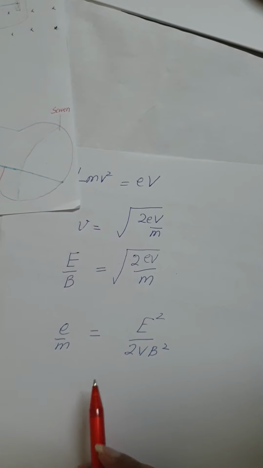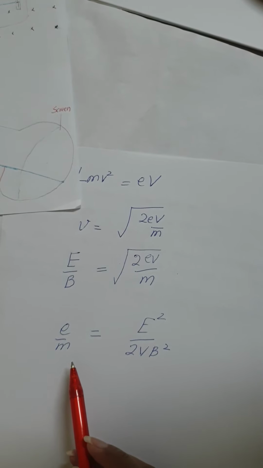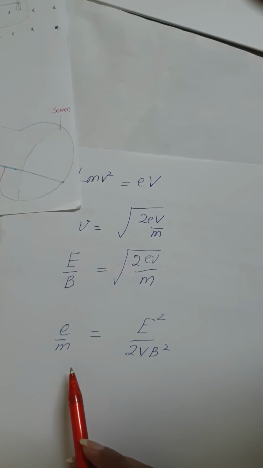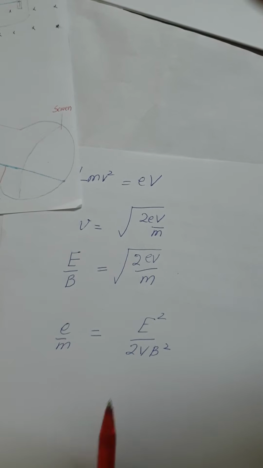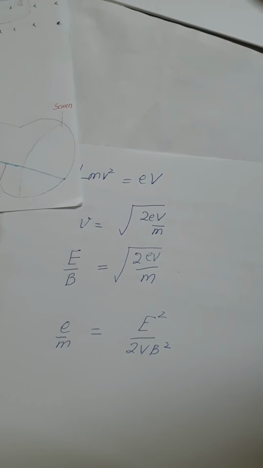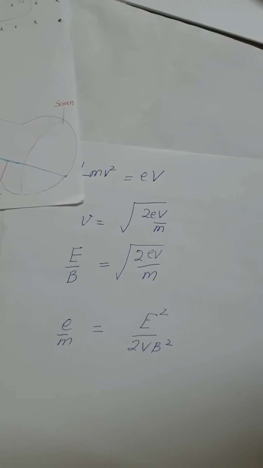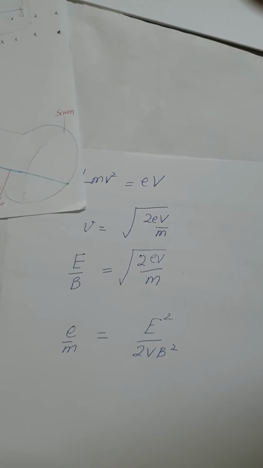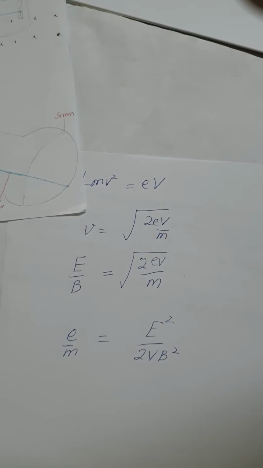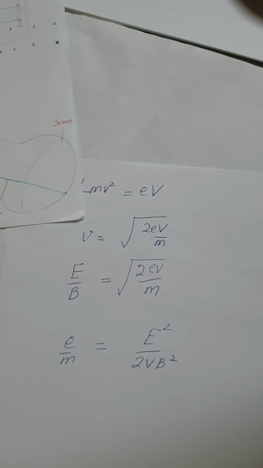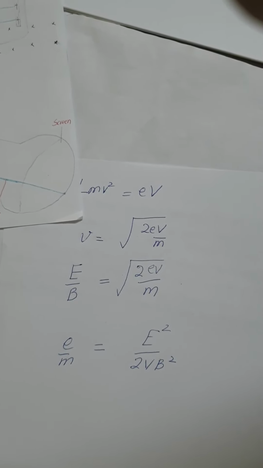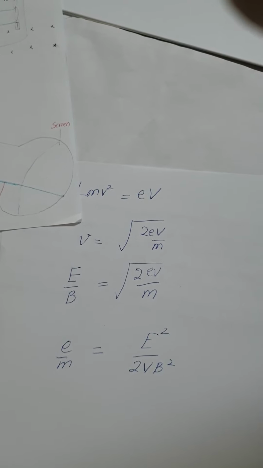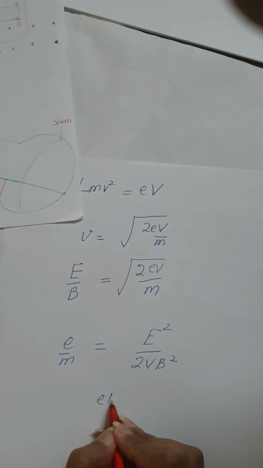It didn't depend on the cathode material or the residual gas in the tube or anything else about the experiment. So this independence showed that particles in the beam, which we now call electrons, are a common constituent of matter. And this led to the discovery of the first subatomic particle, which is the electron.